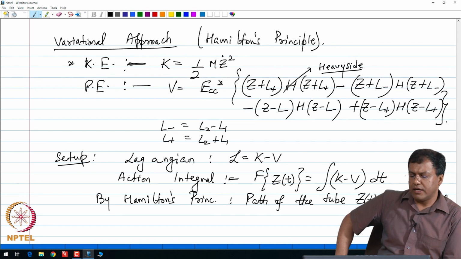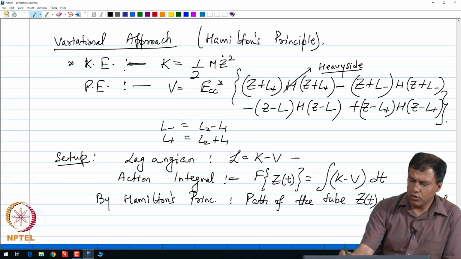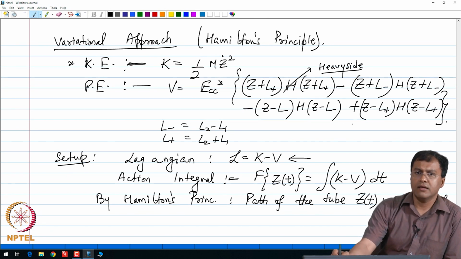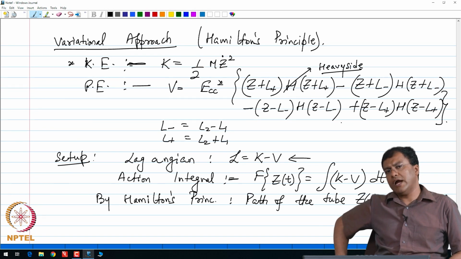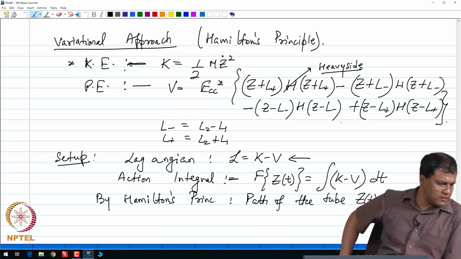But even before that, notice that the Lagrangian is independent of the independent variable t, which means that we can use our Beltrami identity to reduce the Euler-Lagrange equation.